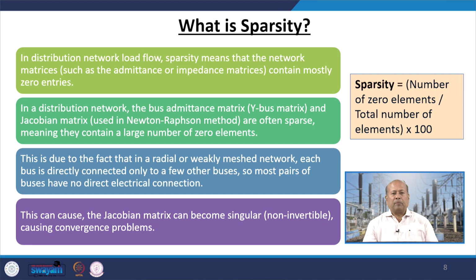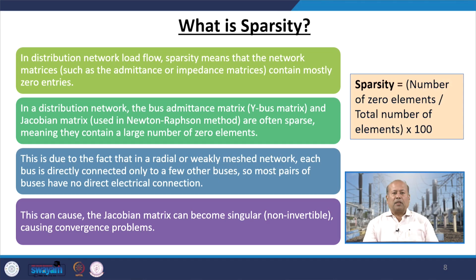This is due to the fact that in a radial or weakly meshed network, each bus is directly connected only to a few other buses, so most pairs of buses have no direct electrical connection. As you know, if it is radial, the buses of one radial branch are not connected to the other radial branch. That means in my matrix, if bus 1 and 3 are not connected, then Y1,3 will be zero. This can cause the Jacobian matrix to become singular, non-invertible, causing convergence problems.